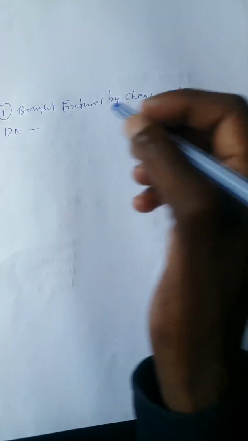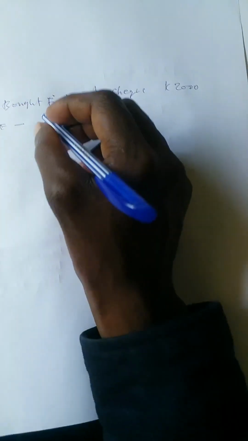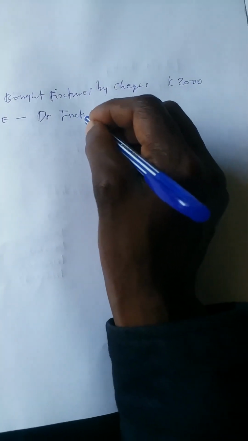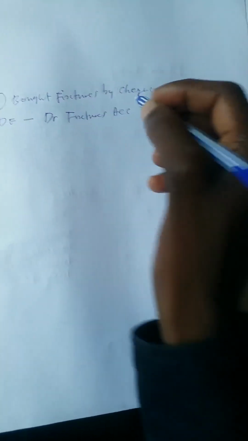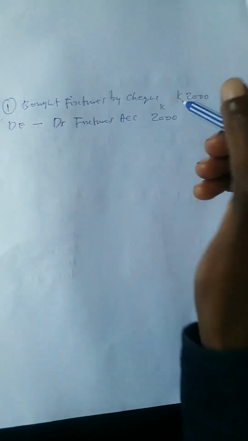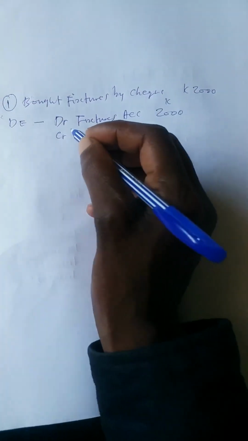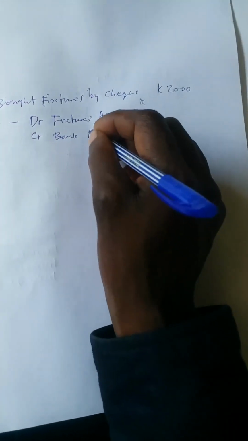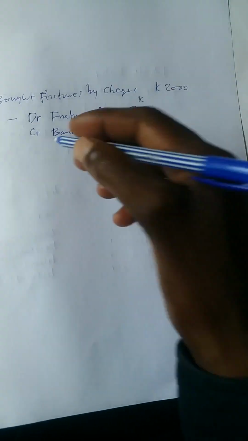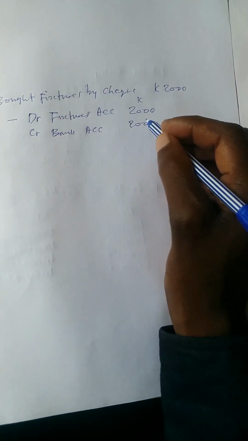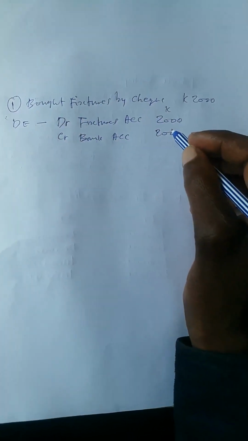The double entry will be: debit fixtures account, 2,000 kwacha, and then credit. You paid by check, so it's the bank account. If you paid by cash, you say cash account there, 2,000 kwacha. That's our first double entry.